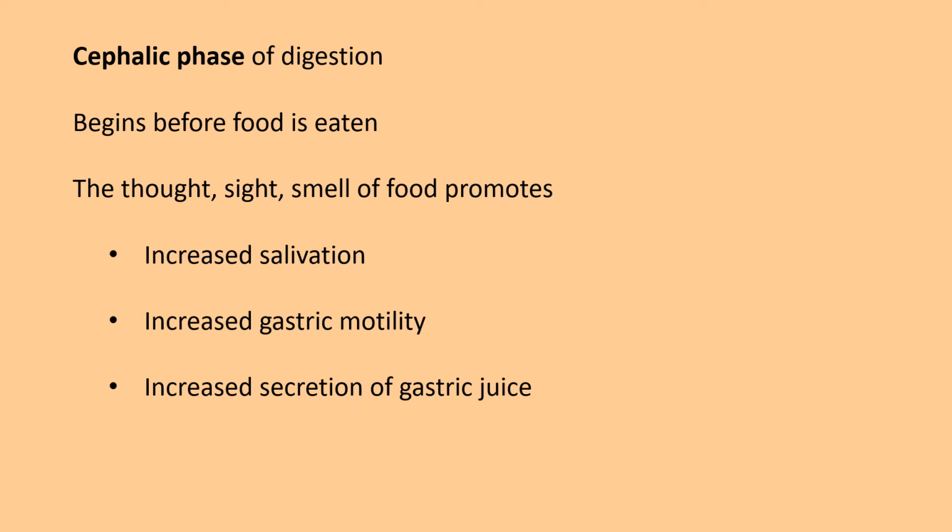So for a person who eats meals at the same time every day, just the time of day can be sufficient to initiate the cephalic phase of digestion. So if you're at work and your job has nothing to do with food and you always take your lunch break at 1:30, just the fact that it's 1:30 can initiate the cephalic phase of digestion.